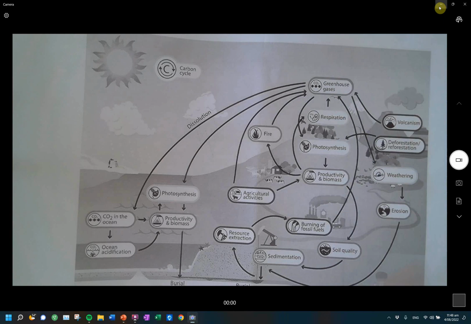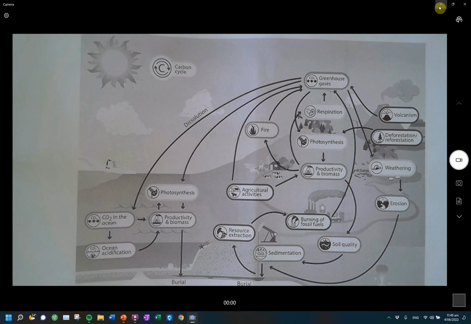The thing to remember about the carbon cycle is that it was a really delicate balance for a very long time. Carbon was being cycled through our four different spheres. The main way that carbon, let me backtrack. Most of the carbon was locked away in the geosphere in forms like oil, coal, that sort of thing.